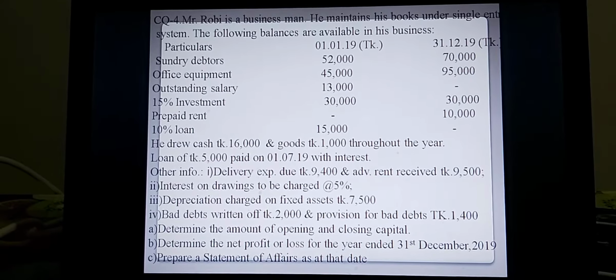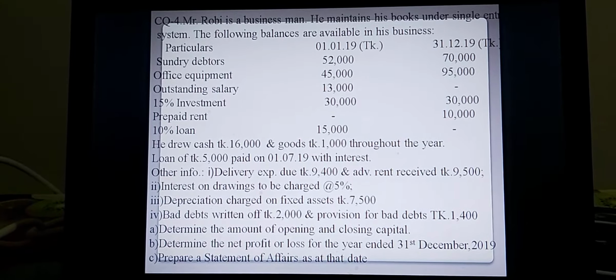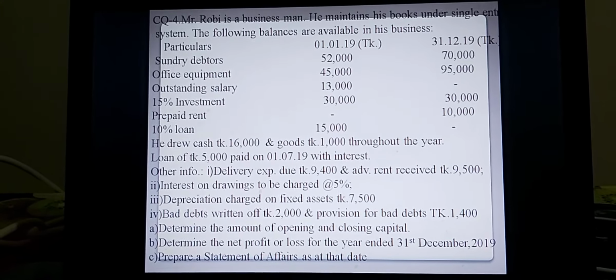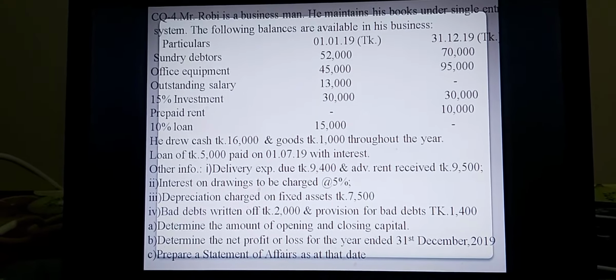In this question, the loan opening amount is taka 15,000, and other information is given: loan taka 5,000 paid on 1/7/19. So the closing amount of loan is to be recorded as taka 10,000.